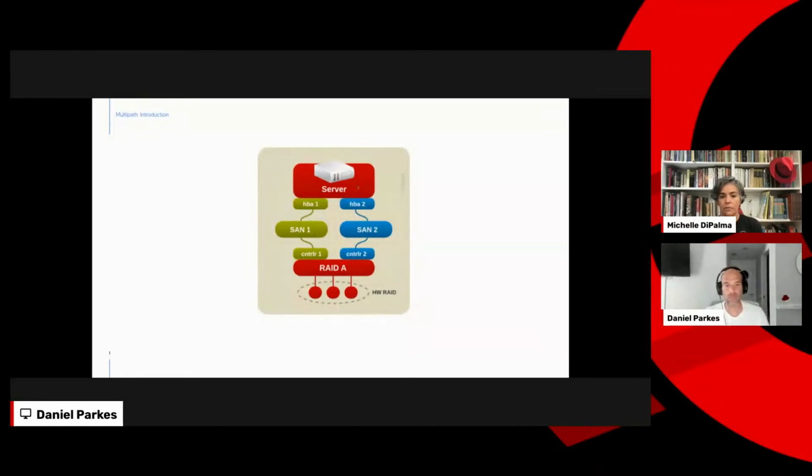You are still always going to be able to provide access to the storage through the other path. That's why it's so important to have multipath configured, because if you don't use multipath and you go straight, even if you have two HBAs but only use one of them, it doesn't matter how many HBAs you have. If you lose the path, you're going to lose access to your storage. So that's why it's important.